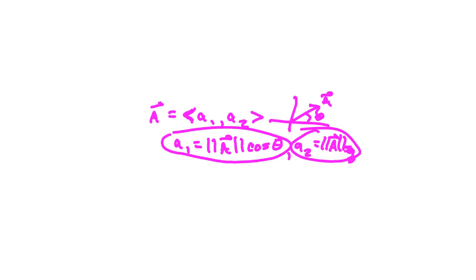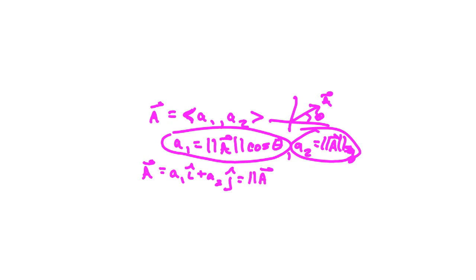So what we could do is say A vector is A1 I hat plus A2 J hat by our new way of writing that, then we can just plug in A1 right here.